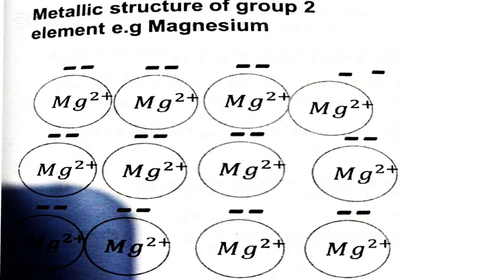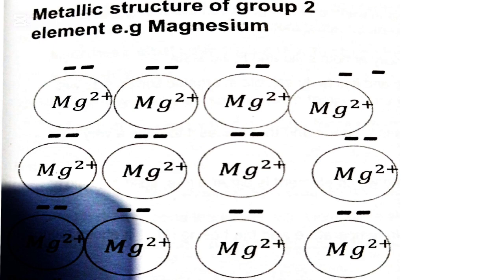Now look at this structure of magnesium metal. You see what we are calling the positive nuclei: when the valency electrons are released into the metallic lattice, the ions remain positive. We are calling them the nuclei. So there is an attraction between the magnesium ions and the sea of electrons.